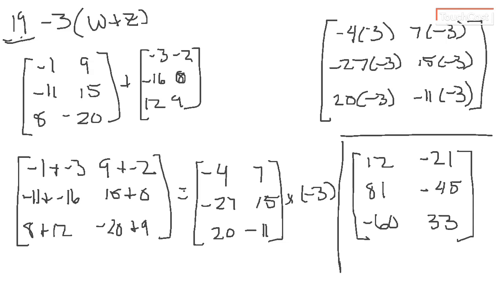We've got one example left. We're almost done. Example 20. We're going to take half of y minus x. So first, we're going to take matrix y and subtract matrix x from it.